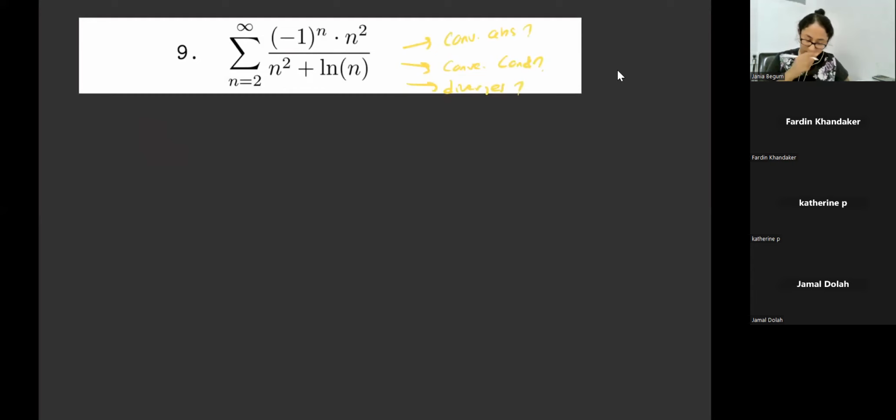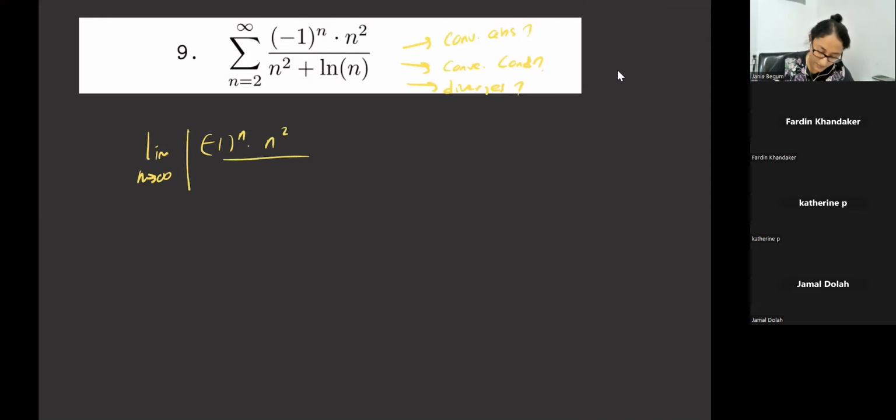So if you do the absolute value test, you take the limit as n approaches infinity of the absolute value of (-1)^n times n squared over n squared plus ln of n. The absolute value will throw away the (-1)^n, so there's no alternation anymore. So we're really just looking at the limit as n approaches infinity of this a_n.